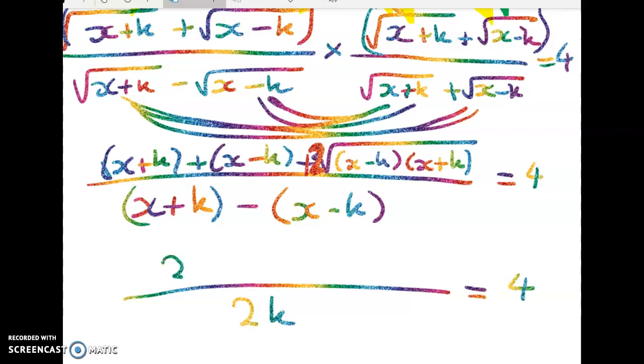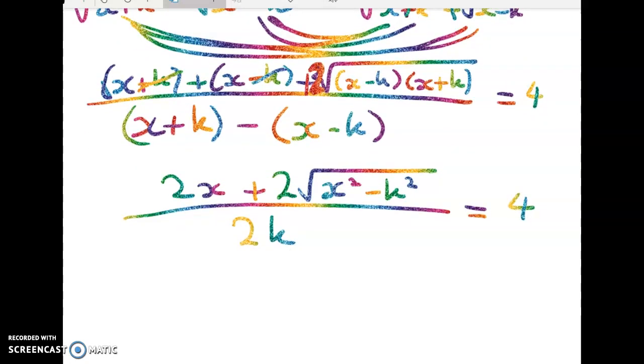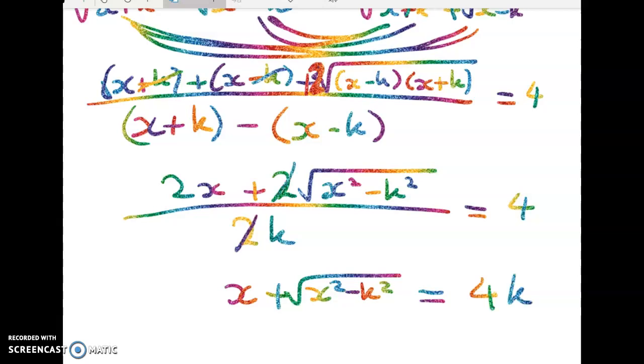And here I get 2x, the plus k and the minus k go, plus 2 root x squared minus k squared. I can divide everything through by 2 on the left-hand side. So I get x plus root x squared minus k squared is equal to 4k. So the 2's gone everywhere there.